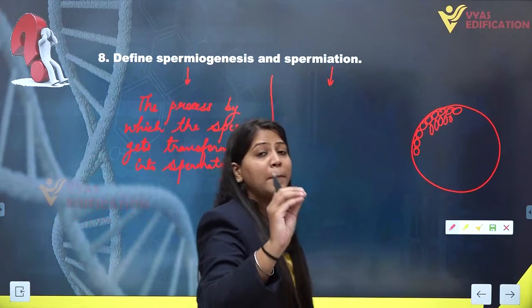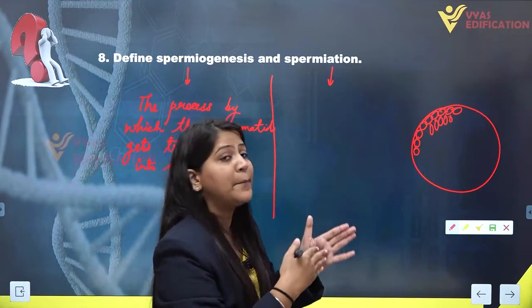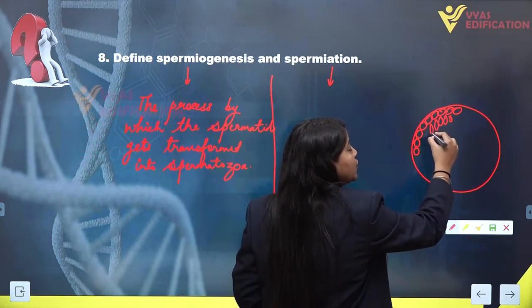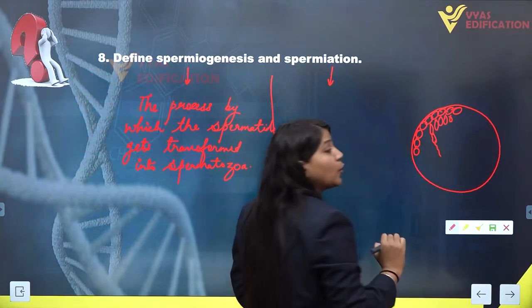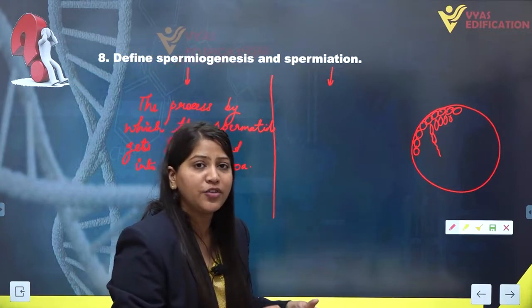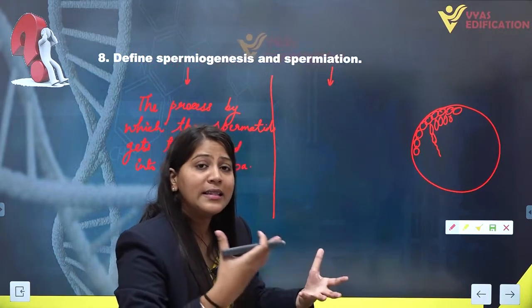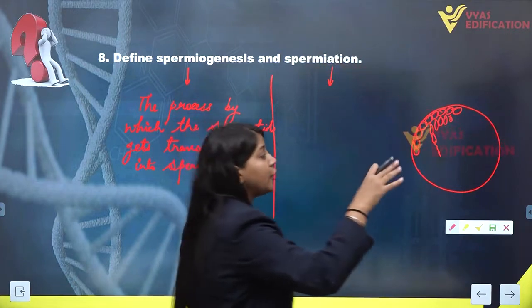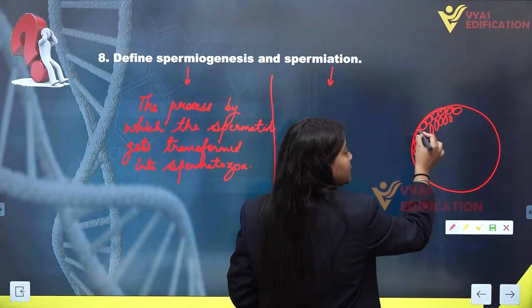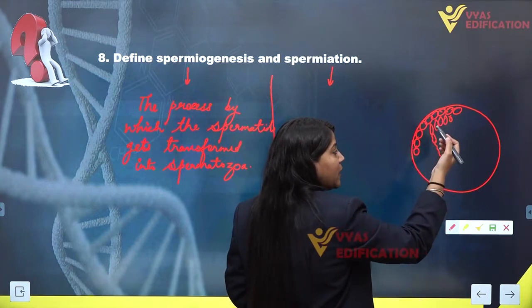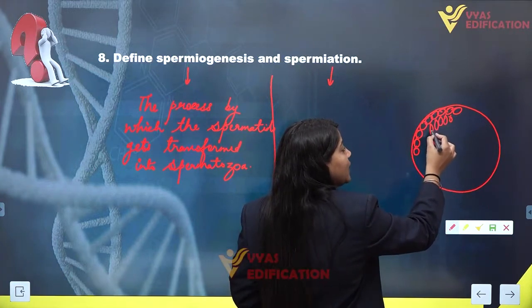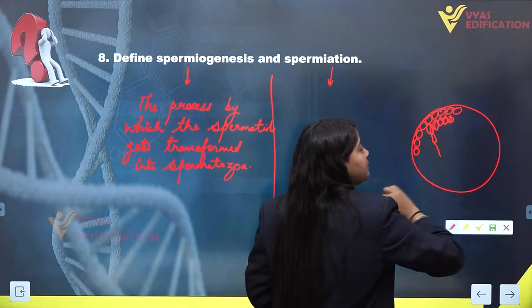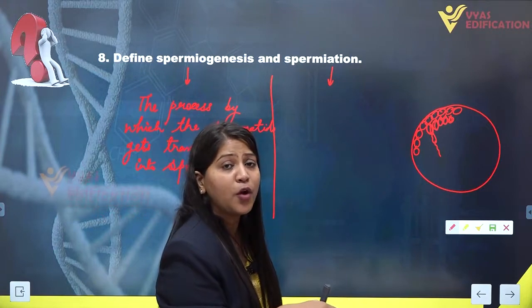These spermatozoa are embedded into the Sertoli cells to draw nutrition from them. After they get mature, these sperm cells are released into the lumen. We know that the spermatogonia will give rise to the sperm cells. These sperm cells remain embedded in the Sertoli cells to get nutrition from them.